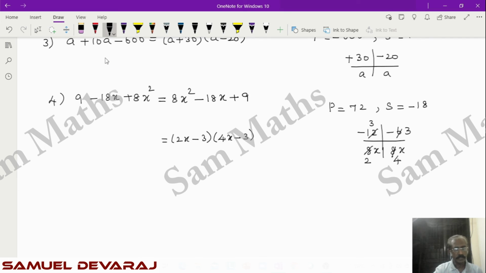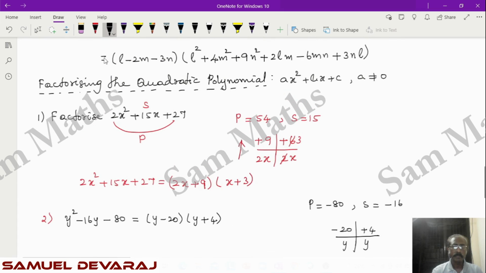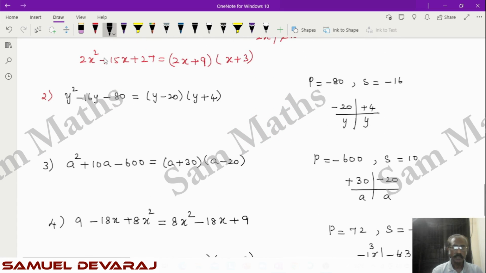So these are the things you have to remember and have to practice. This is the basic thing to go for 10th standard algebra. Particularly these 4 sums you have to practice again and again. These types of problems we are going to use.